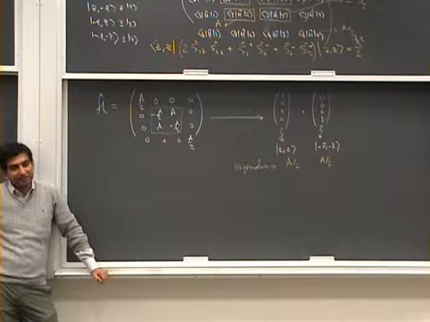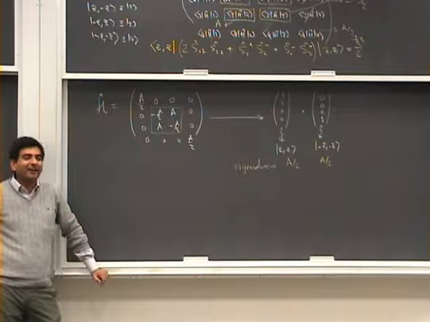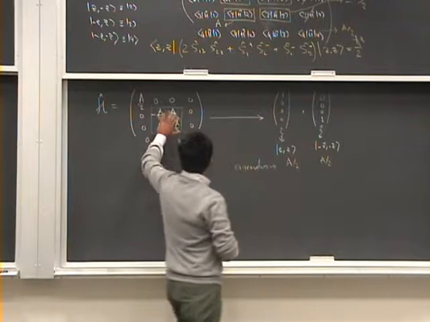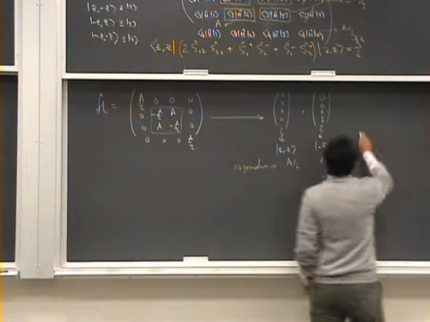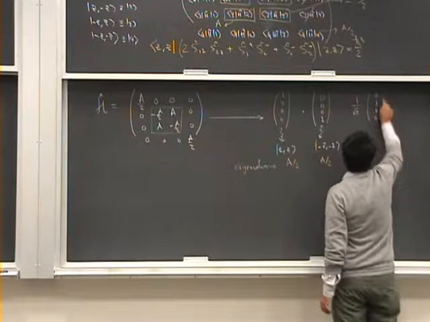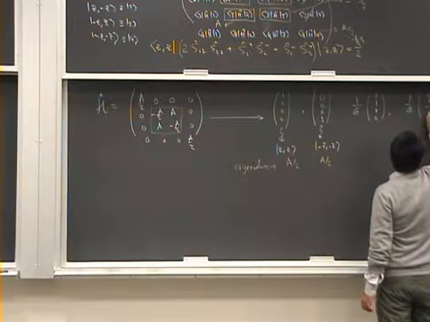What are those eigenstates? Plus x and minus x. Plus x and minus x are superpositions of plus z and minus z. So the eigenstates of this block will simply be 1 over root 2, 0, 1, 1, 0 and 1 over root 2, 0, 1, minus 1, 0.